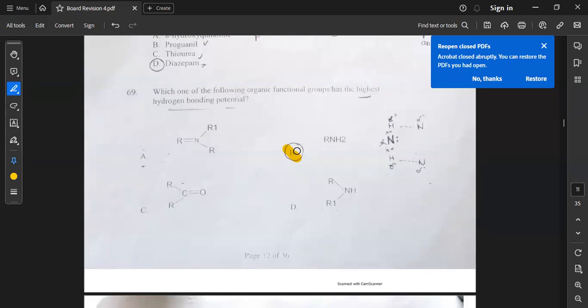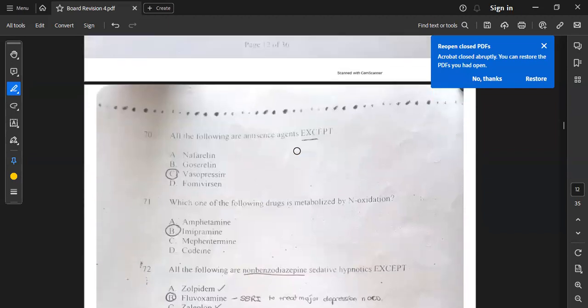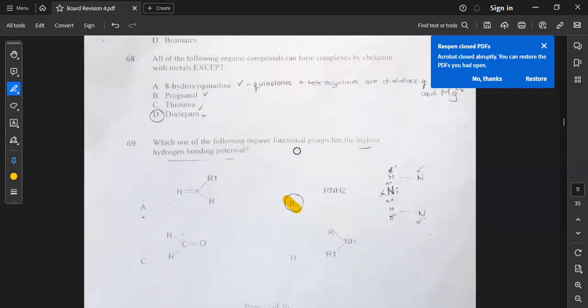So that we can move on, number 69, we can also make it red because it's been two differing answers.